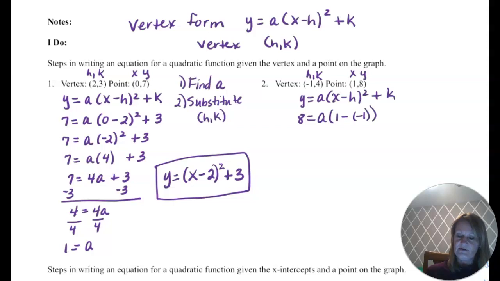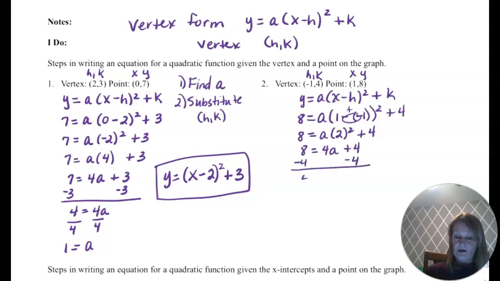1 minus a negative becomes plus, so I get plus 1, squared, plus 4. And 2 squared is 4, plus 4. I'm going to move the 4 over again, and 4 equals 4a. I should have given you one where a was not the number 1, but a is not always going to be 1, just FYI.